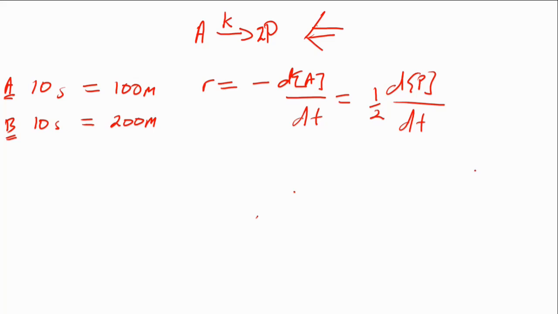It is clear then that the rate of formation of P is twice that for A. And the only way that this can be true is if there's a half right here in front of the relationship for P. And that's something important to understand. I hope that silly little analogy was able to get you somewhere in terms of understanding.